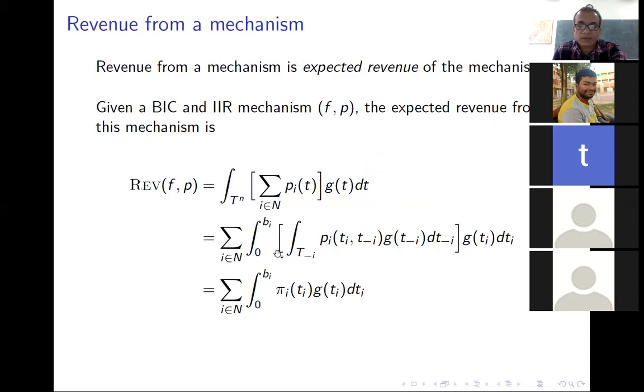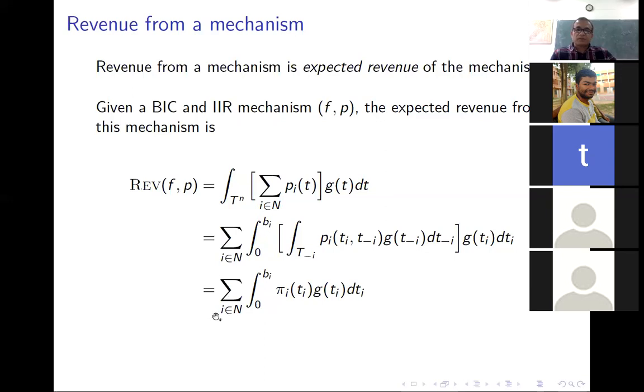And so you get this alternate expression, which is kind of intuitive. Either you integrate over the payments collected at every type profile, or you integrate for every agent i his expected payment at every type. It should be the same, and that's what this is showing.